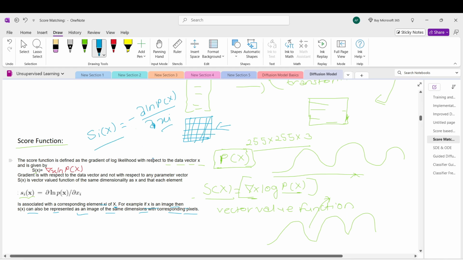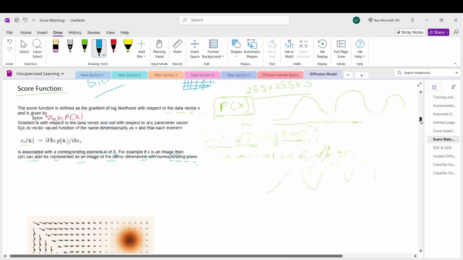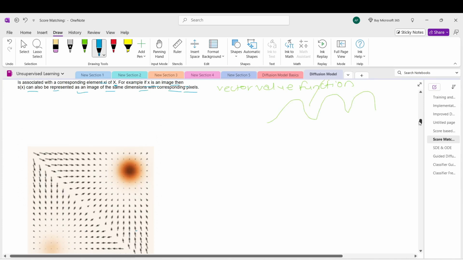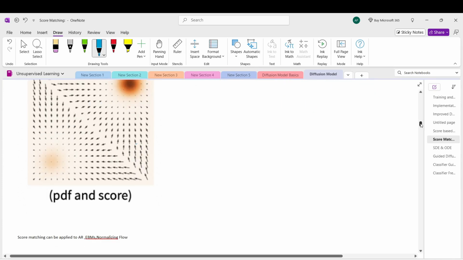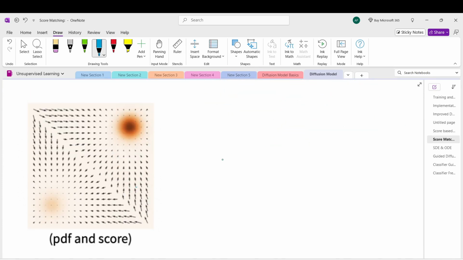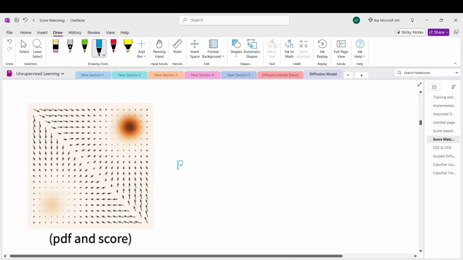So, an overview of the score function. If you want to look at the visual of what a score function is, suppose you have p of x and your data is multimodal, meaning it has two modes, as here.